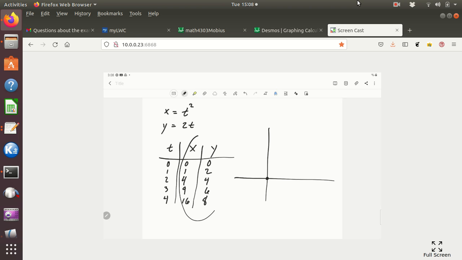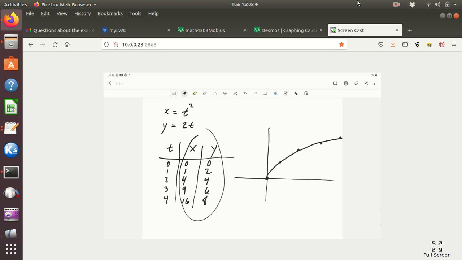So at this point, I just look at this and do them in order. And so, let's see, 1, 2, and then up here at 4, 4, and then 9, 6, and this looks something like a square root function. And so there's my path, something like that.